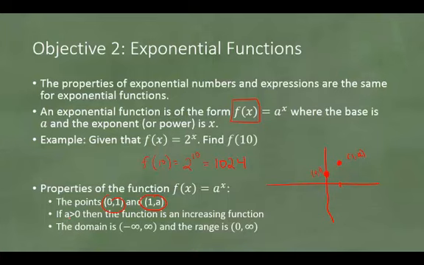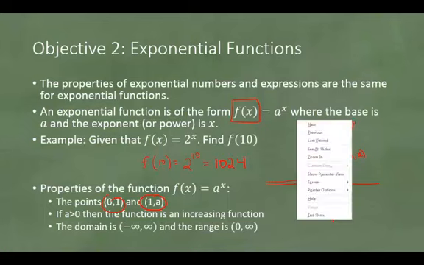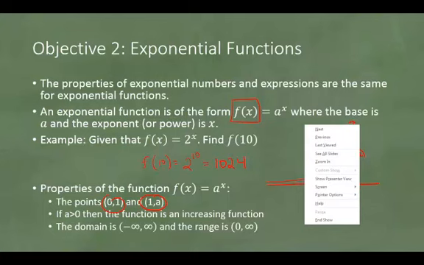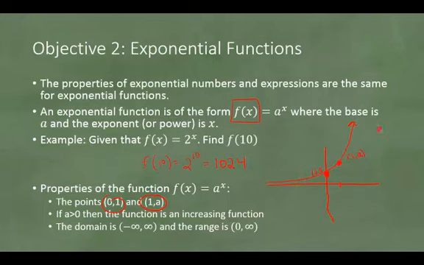If a is bigger than 0, then the function is an increasing function. So the function starts off really, really close to 0, but it increases rapidly. There's a graph of a to the x. And the domain is all the real numbers from negative infinity to infinity. So it starts off as small as you want it to be, but it's never quite equal to 0.